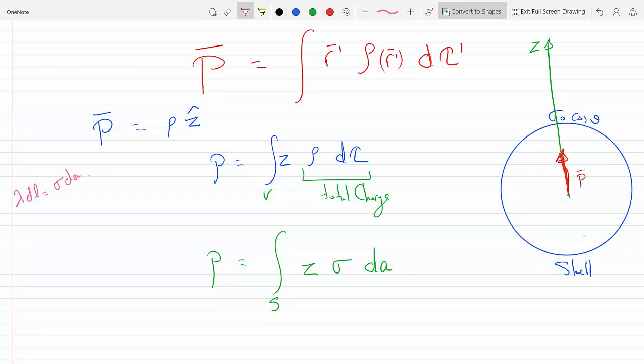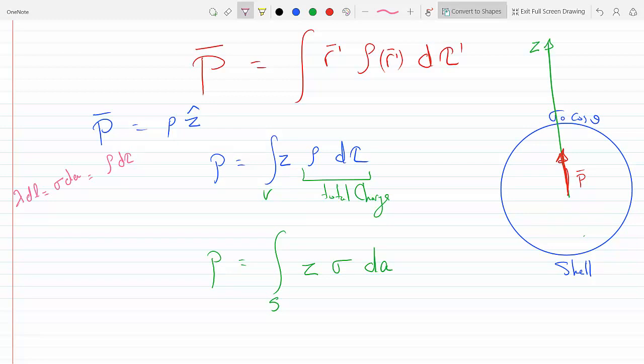Sigma is an area charge density, and rho d tau is for a volume of charge.